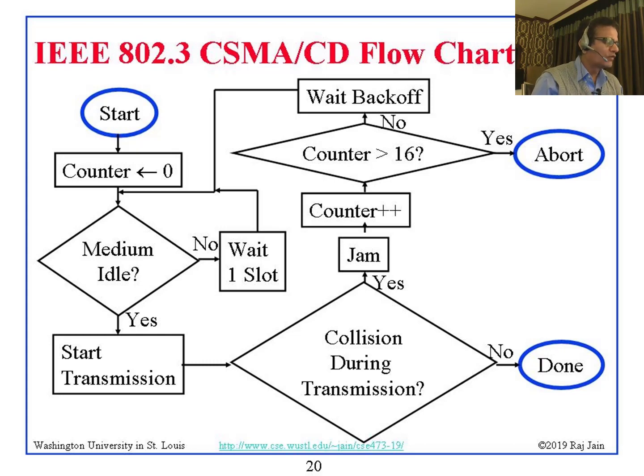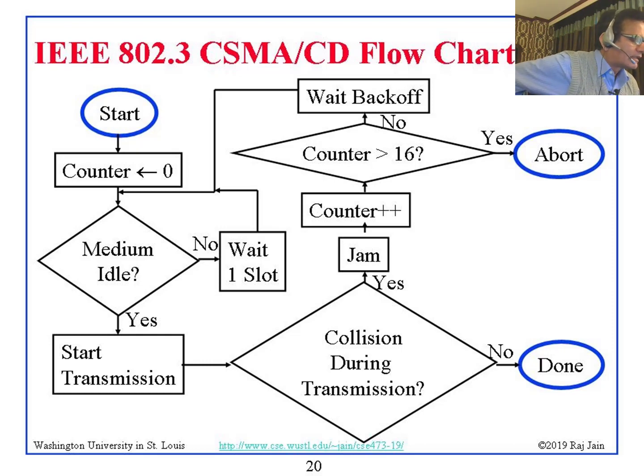idle, then we proceed downwards where we start the transmission. If the medium is busy, then we wait and then come back and check again whether the medium is idle. It says that we wait one slot, and whenever we say slot, that means 51.2 microseconds.